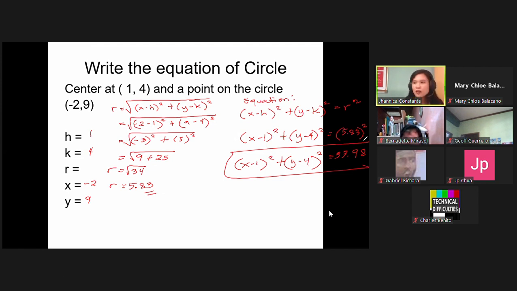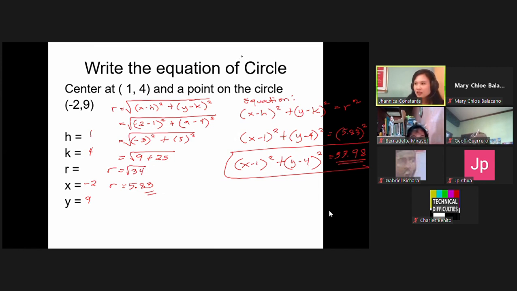As you can see, in the equation of the circle and in your solution for the radius, if we round off this radius that is being squared in your equation, it will become 34, the same as the one you got before taking the square root in your solution for the radius.